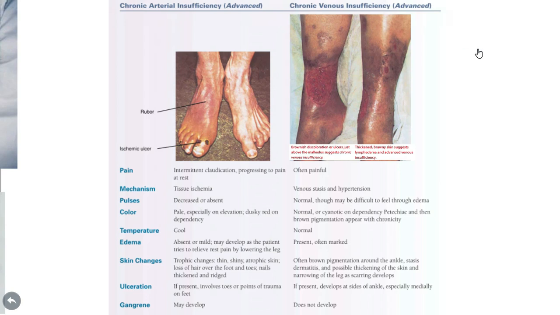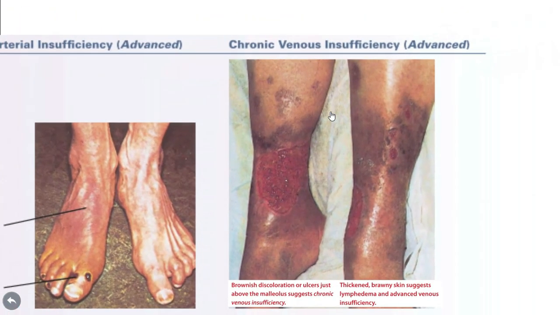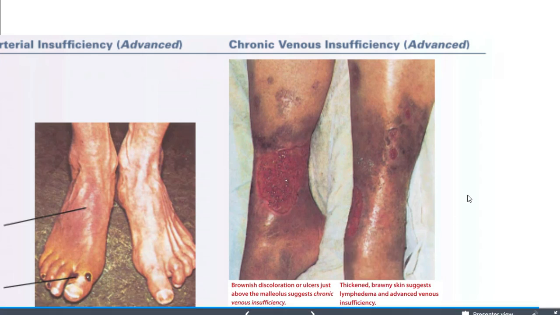For chronic venous insufficiency, they can be brown, or there can be associated stasis dermatitis, thickening of skin, or narrowing of the leg as scarring develops. Chronic venous insufficiency can be brownish, thickened skin. It can be due to advanced venous insufficiency.